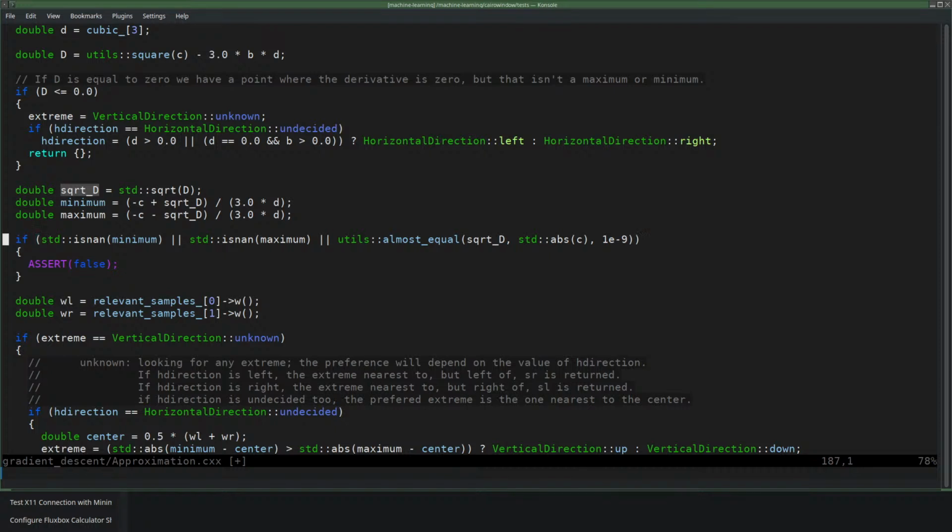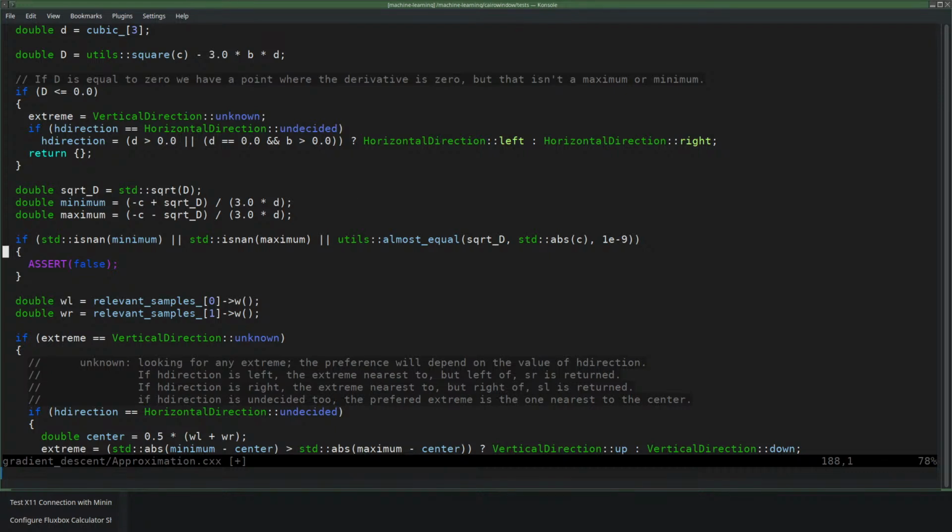Yeah, because if this is almost equal, then that gives me the floating point round-off error that is unacceptable.